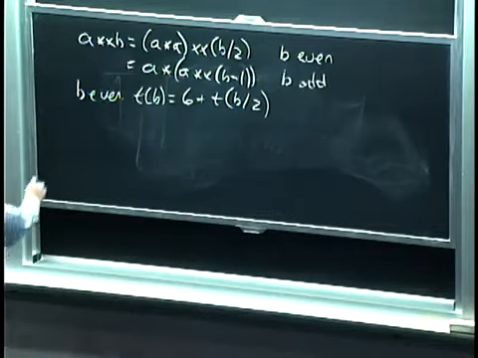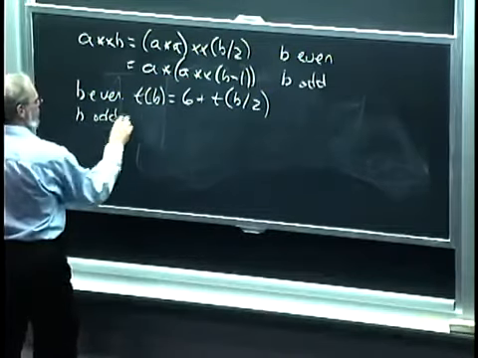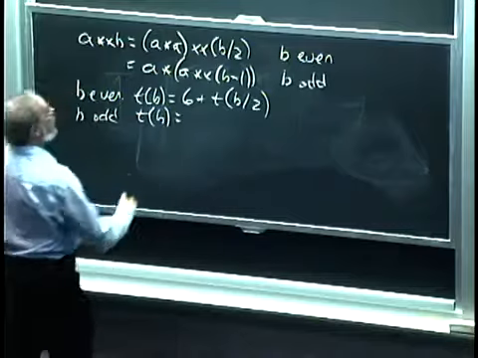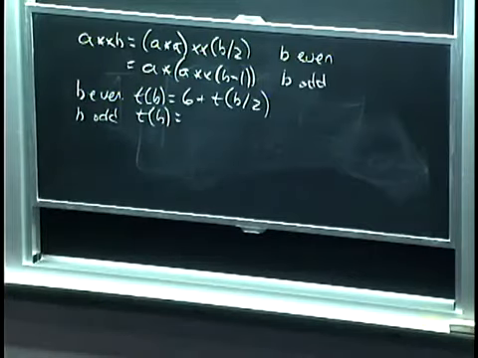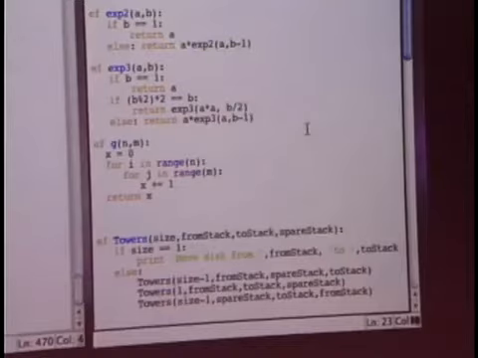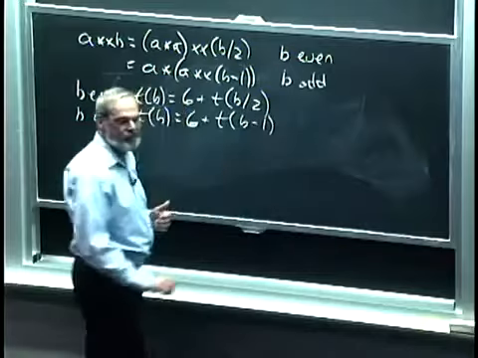If B is odd, well, I can go through the same kind of thing. I've got the same first 4 steps. I've got to check to see if it's 1. I've got to check to see if it's even. And then in the odd case, I've got to subtract 1 from B. That's a 5th step. I've got to go off and solve the recursive problem. And then I'm going to do one more multiplication. So it's 6 plus, in this case, T of B minus 1.